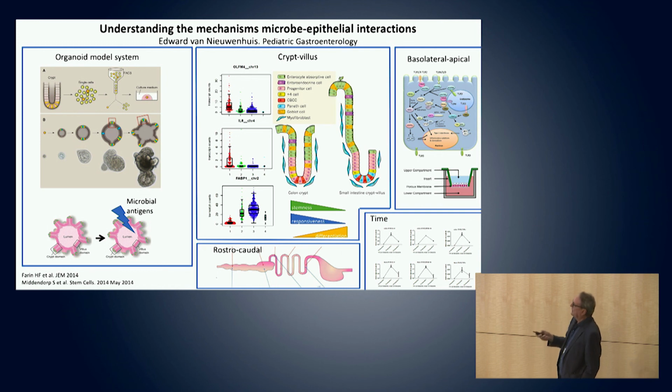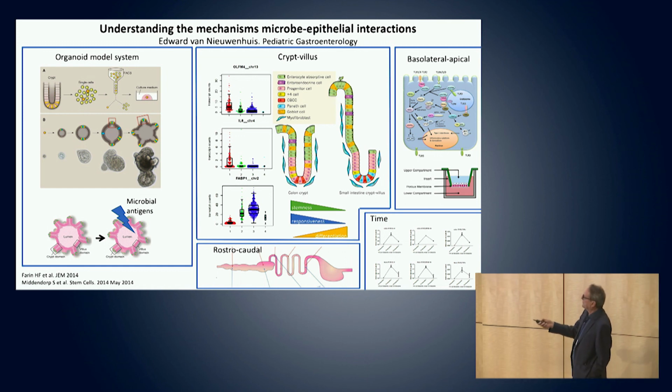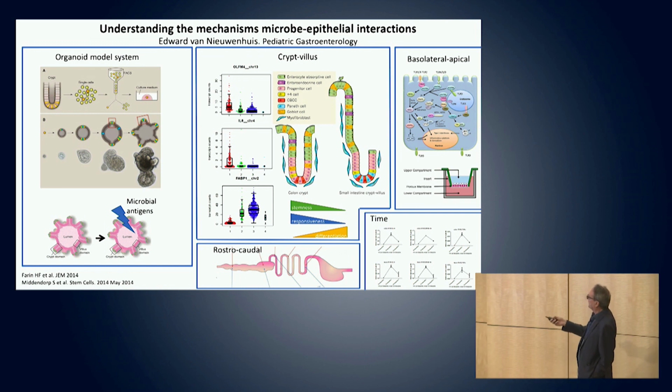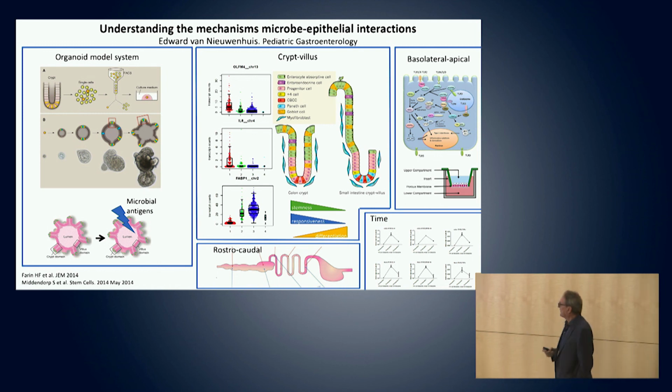Basically, what they are trying to do is understand the mechanisms of epithelial and microbe interaction at different levels, at the level of organoid model systems, and looking at the response in a single cell analysis upon exposure. Similarly, identify and look at what happens at the villi, as well as in the more cell culture system to look at what the interactions are and what the consequences of these are.